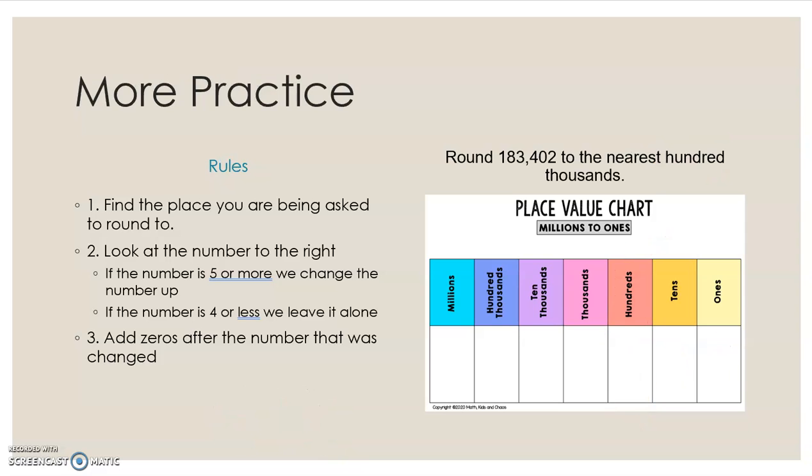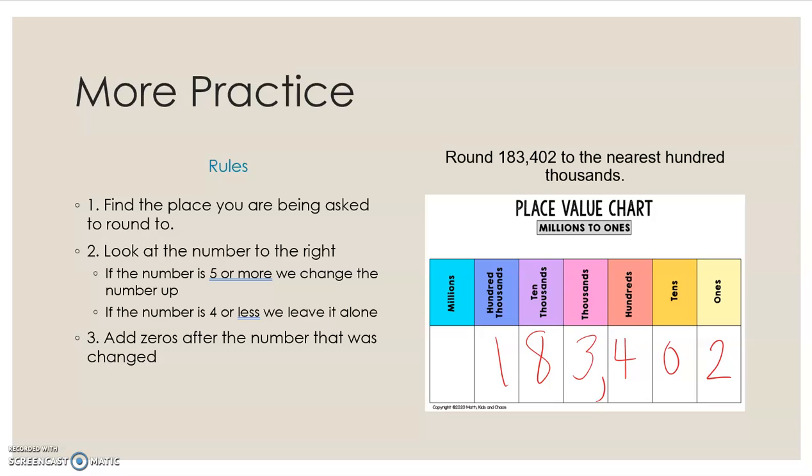Let's try another problem. This problem says round 183,402 to the nearest 100,000s place. So the first thing we do is, let's fill this in. So first we want to find what we're being asked to round to.